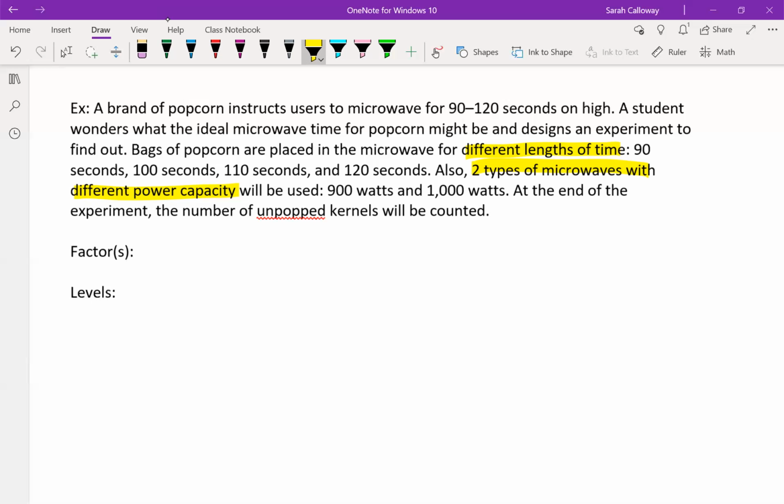So remember that when we're thinking about this, the factors are like the big ideas, okay? The thing that we're changing, and then the level is what we're changing them to, okay? So the factor then is the length of time. The levels of that factor are 90, 100, 110, 120 seconds.